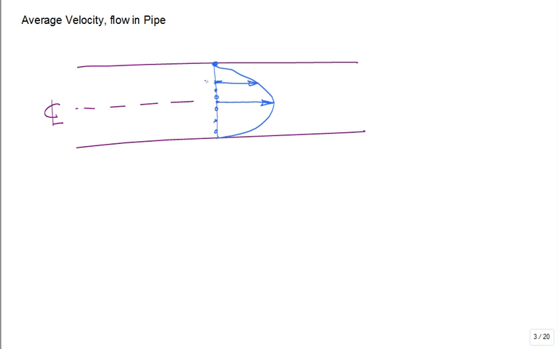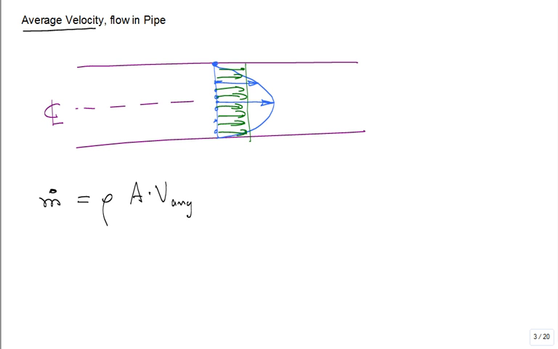So here's a question. Somebody says, I like to have average velocities. So just take this velocity profile and find the average, so that if I multiplied the area of the pipe times this average velocity times rho, I would get the mass flow rate through the pipe, across each cross section of the pipe, right?